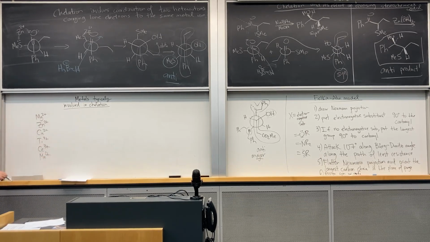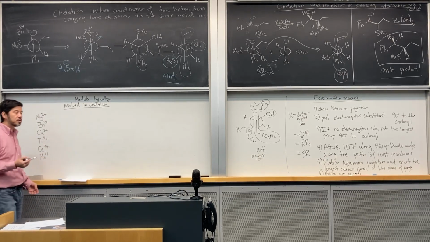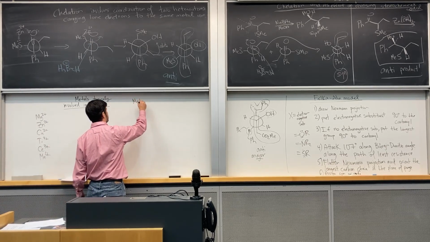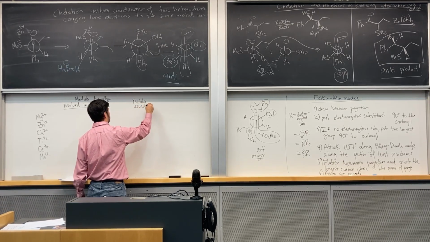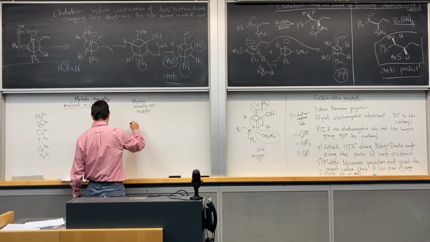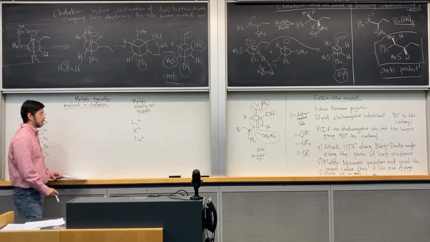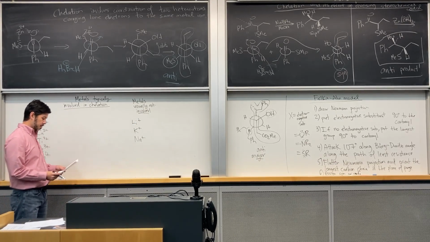So these are typically used in chelation. Metals that are usually not involved are monovalent ions, typically lithium, potassium, and sodium.